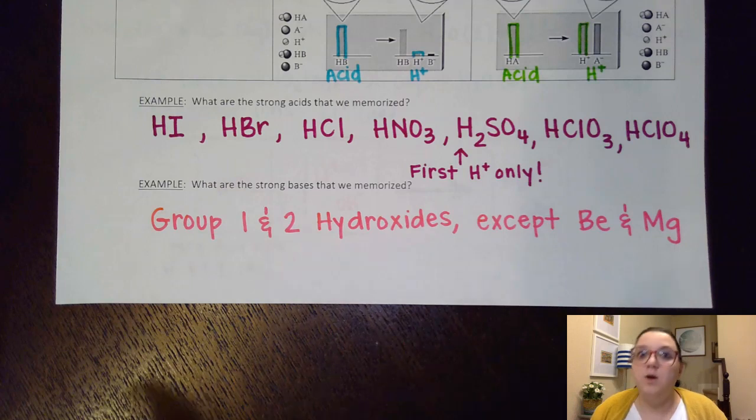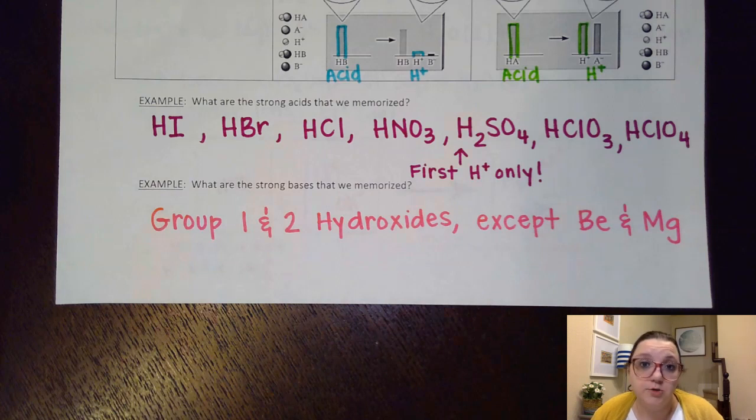So you want to make sure you are familiar with that list because it's going to really impact how we would solve a problem. All of these strong acids and bases, I can use stoichiometry to solve their concentrations. They're really easy to calculate. But if it's not on this list, then that means it's weak and I would have to use equilibrium calculations to figure out my ions.